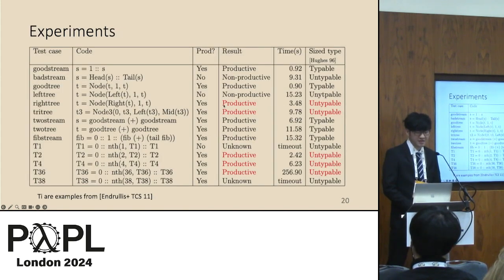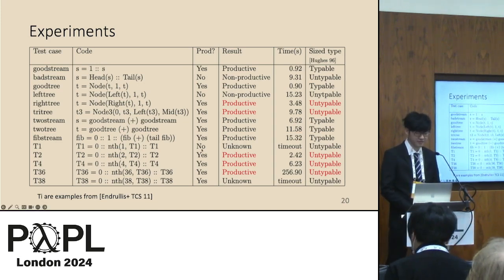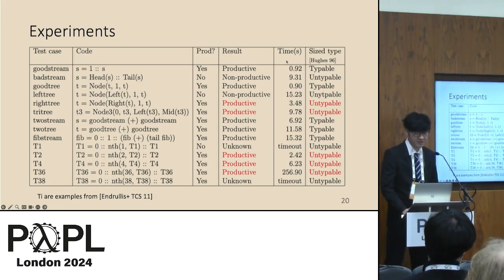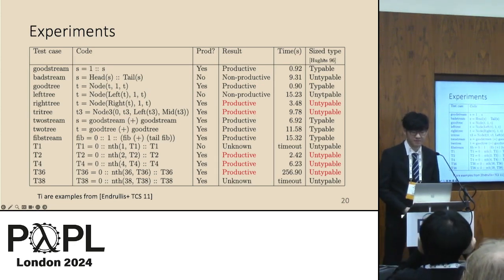We conducted experiments on this table. We used mainly our original benchmark. This column shows the time for verifying productivity or non-productivity. And this column shows whether the size type system can prove productivity.